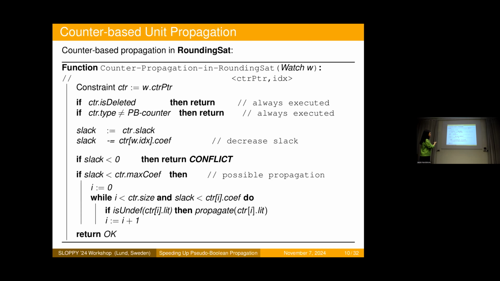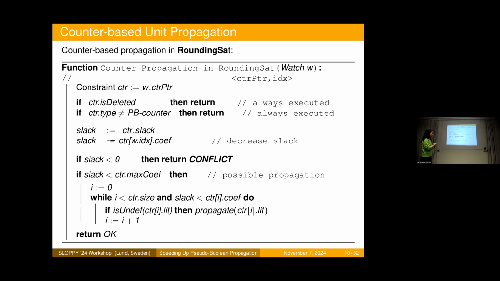Otherwise, if this succeeds, we traverse the literals in the constraint to check if some of them can be propagated. Note that here, as soon as one literal is not propagated, then none of the rest of the literals can be propagated because the coefficients are sorted in decreasing order.